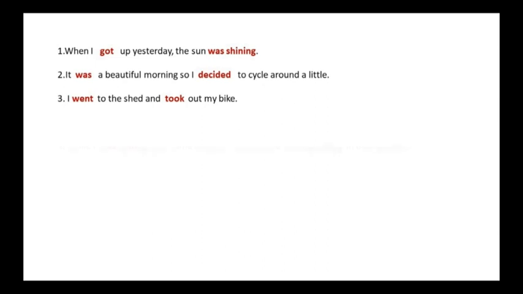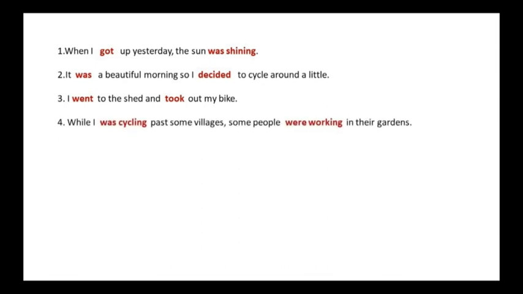4. While I was cycling past some villages, some people were working in their gardens. We have while, which implies that there are two actions happening at the same time. I was cycling, people were working, okay, and they are continuing actions. 5.